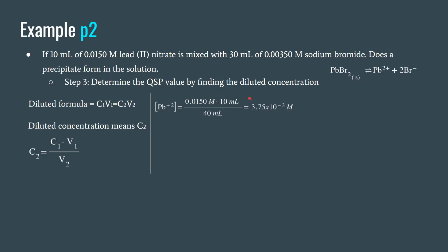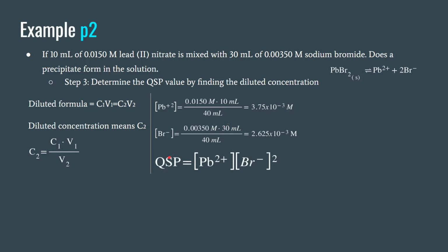You multiply it by how much of the concentration did you put inside, then divide it by the total amount that's inside the cup, which will give you the dilution concentration before the reaction took place. You do that for Pb and for Br. Do the same thing for Br.